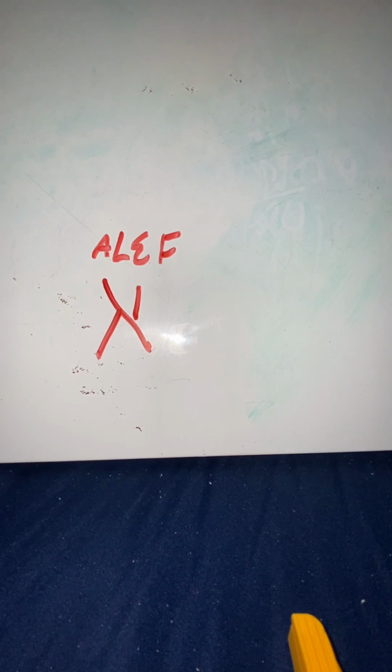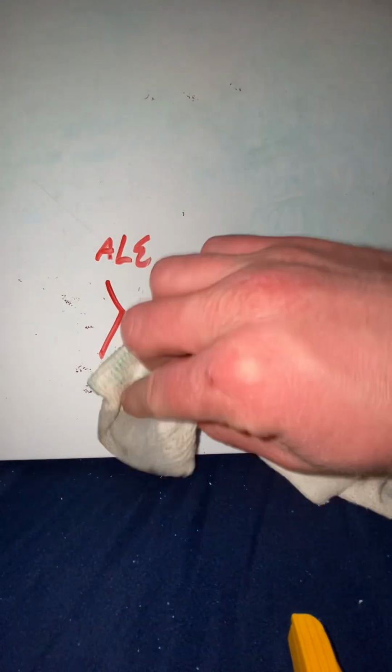Words may end in a vowel or a vowel sound, but it never starts with a vowel. The vowel sound could start a word, but written wise, consonants always start a word. And this is Aleph, and it does not make a sound. It's similar to the English X.